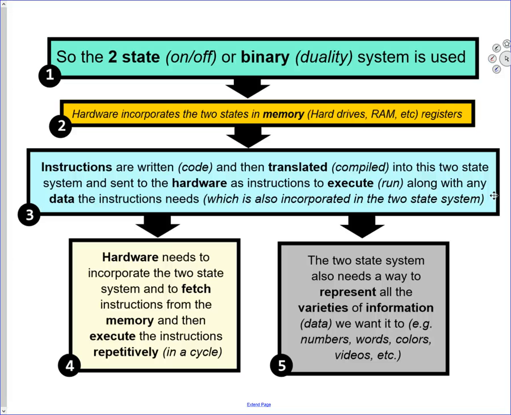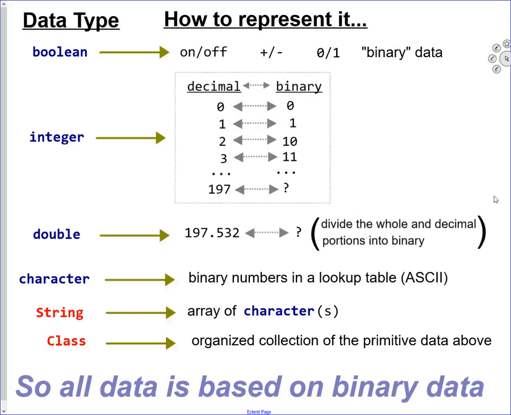Okay? The hardware works with it, and the two-state system needs a way to represent this data. So here's how it's represented. The simplest piece of data is a Boolean data, an on-off, true, false, plus, minus, yes, no, 0, 1 type of data. And we know that's how the computer represents things. So when we make a Boolean variable, it translates directly.